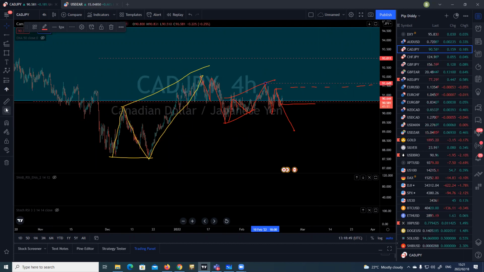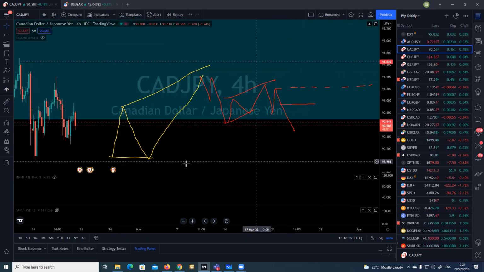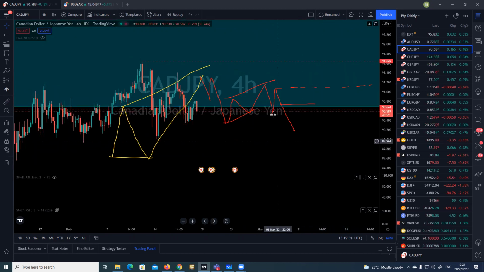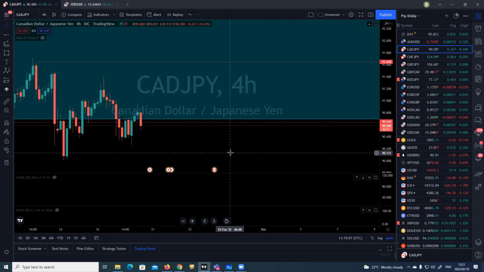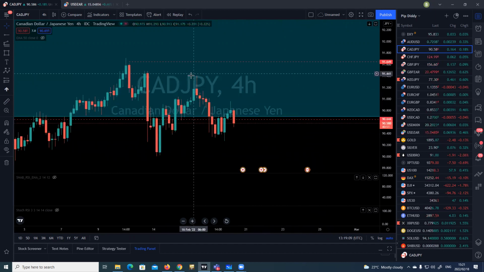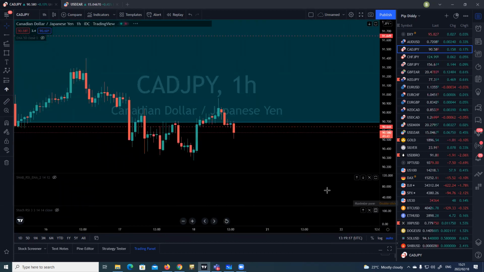That's where we're going to put our stop loss, and this is 103 pips. It would have been better if we had been able to take this trade from these current levels here. Or let's see what kind of structure is playing out in the 1-hourly time frame.